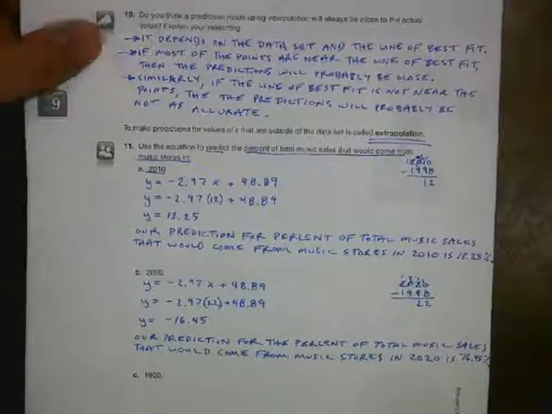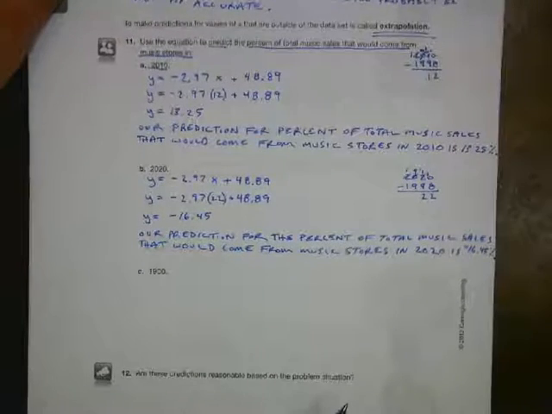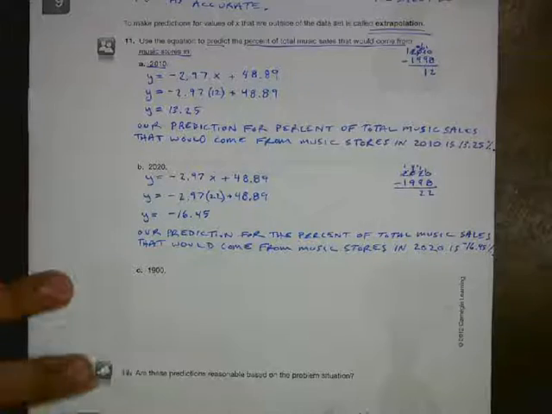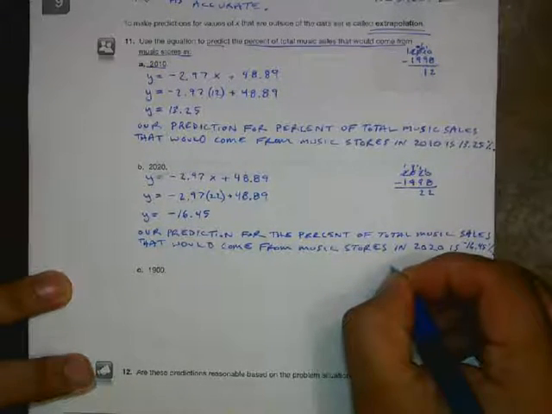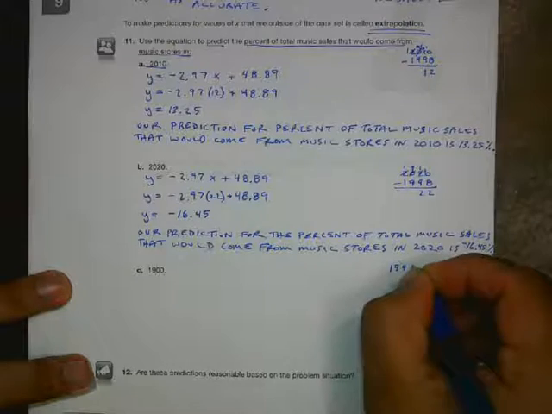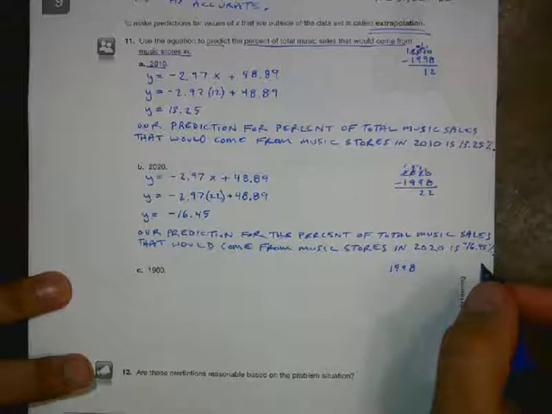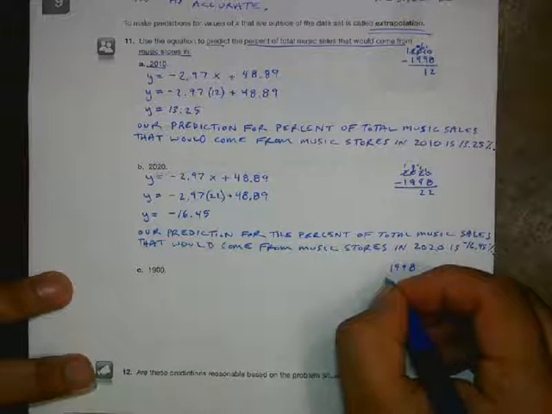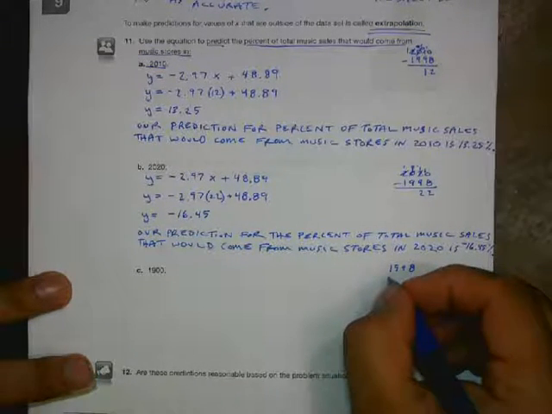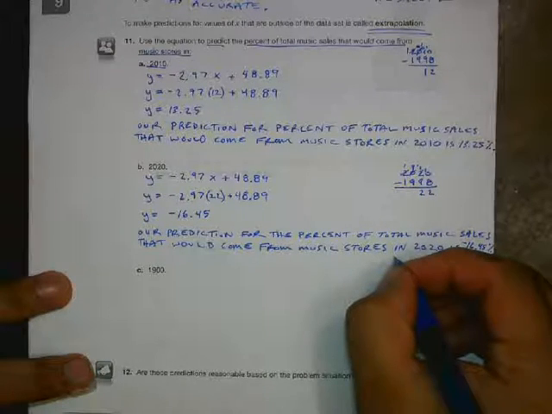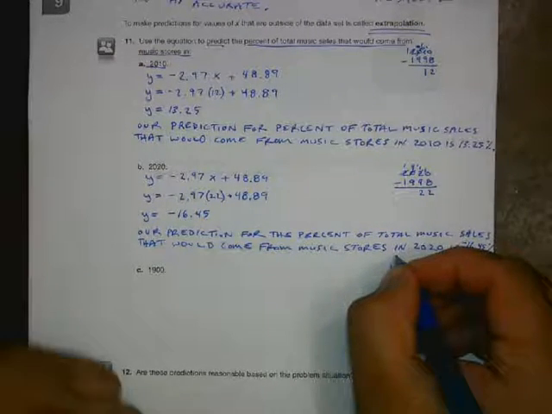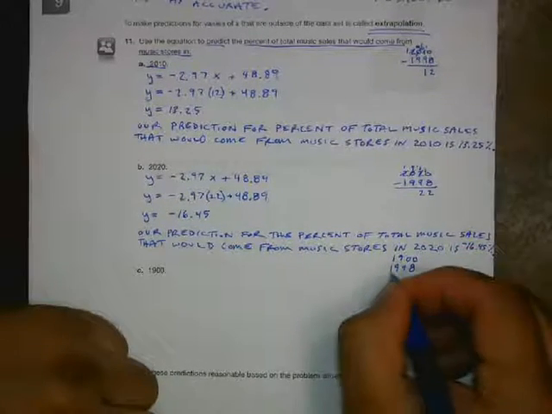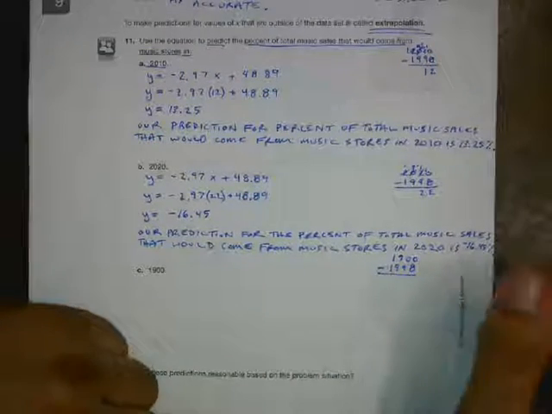Now they want us to do some more extrapolation. They want us to go to the year 1900. So if we did the year 1900, we would go 1998, and we would need to subtract 1900. Actually, we would need to put 1900 on top and subtract it, because we're going backwards in time.